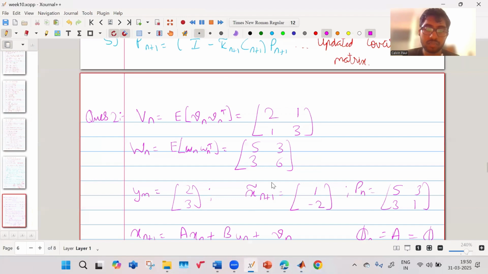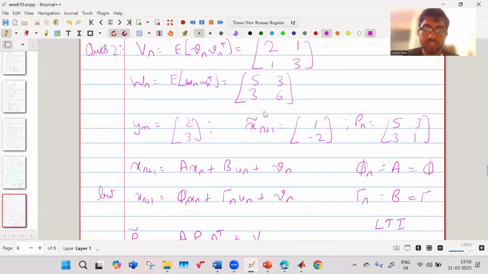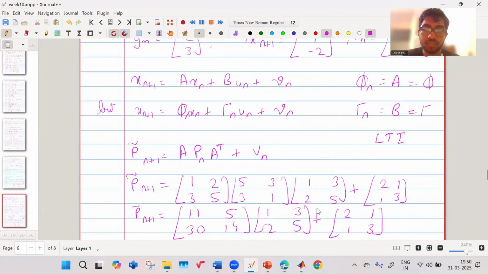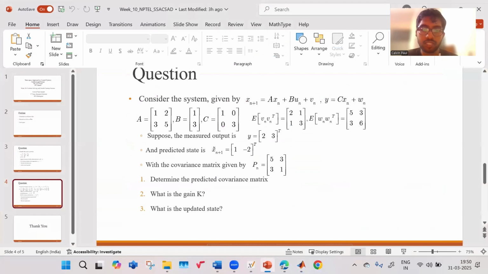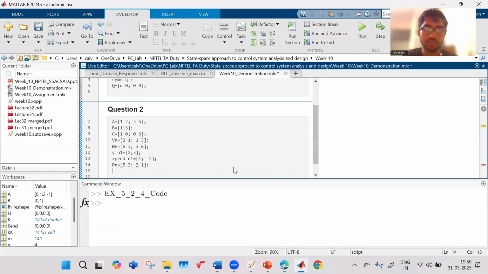Now let us go to our steps just to recheck this. We have to find x. Pn also was given. Pn is 5, 5, 3, 3, 1. This is the Pn matrix.